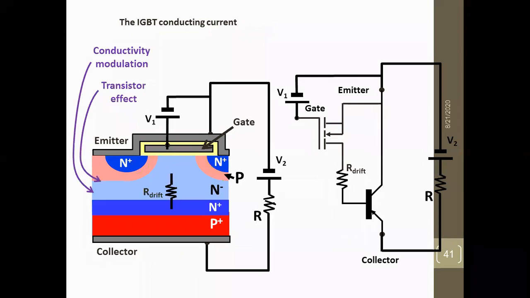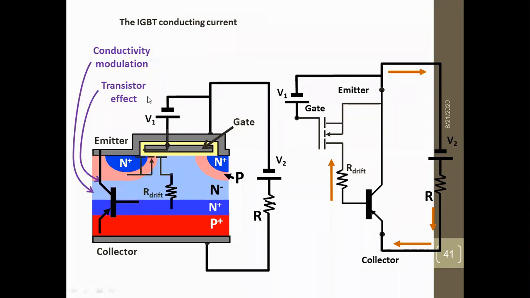Previously, on the first slide, we observed the conductivity modulation we explained here. While observing this behavior by applying the reverse bias condition, what should happen with respect to the negative voltage applied towards the gate, with respect to the collector?